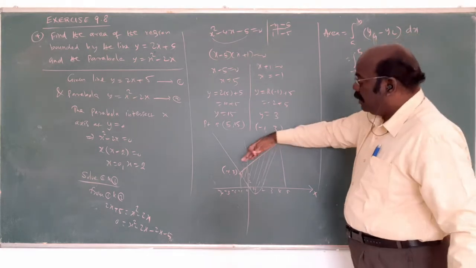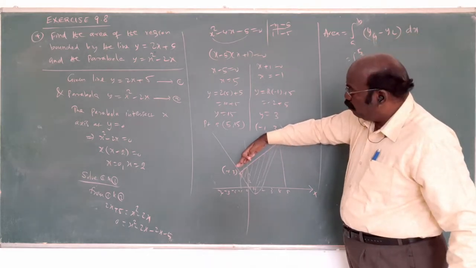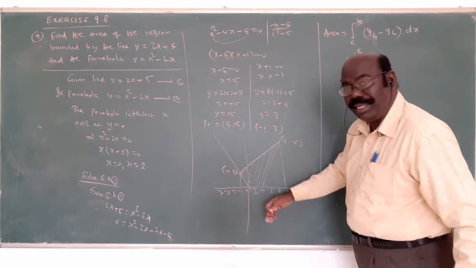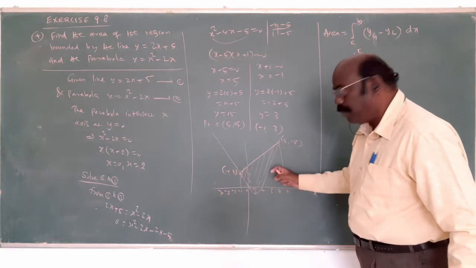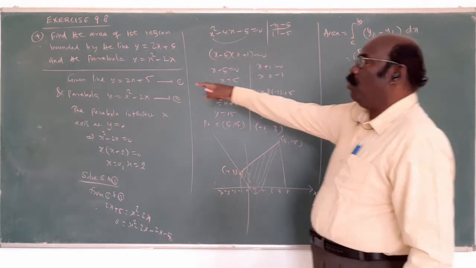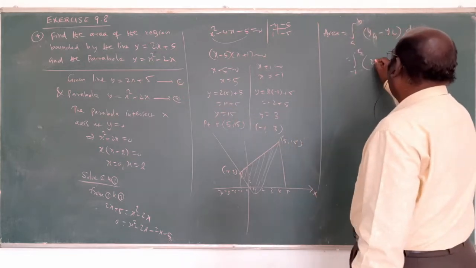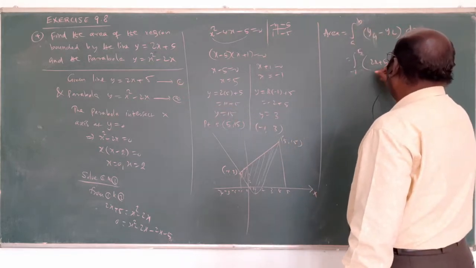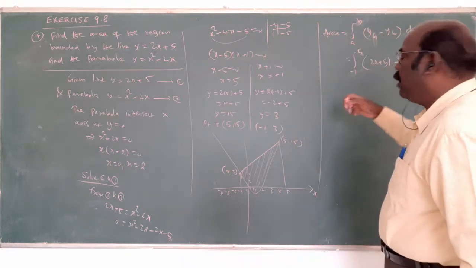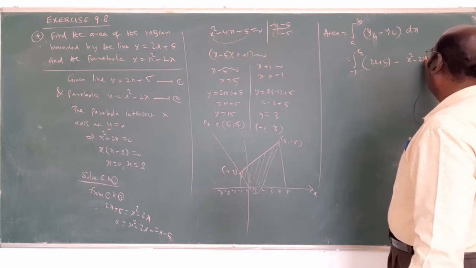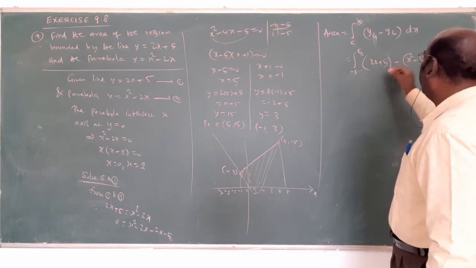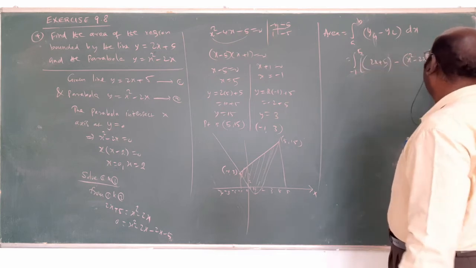The greatest area is the line, from the straight line to x is the max area. The parabola to x is the minimum area. Our line is y represents 2x plus 5. 2x plus 5 minus the lowest area, the parabola area. It's very important. That will be the positive answer.